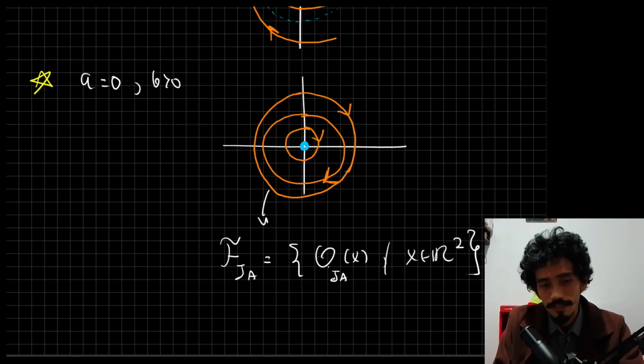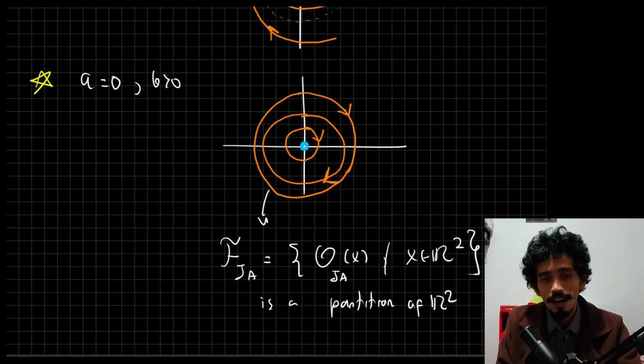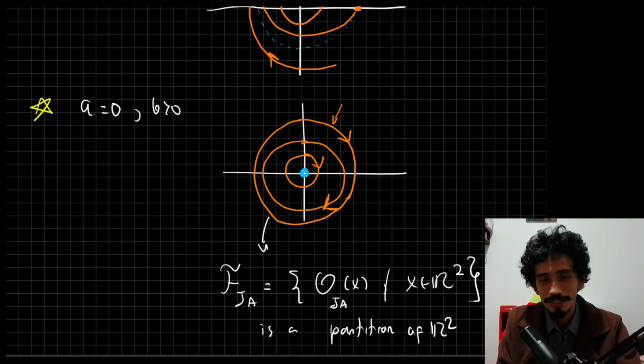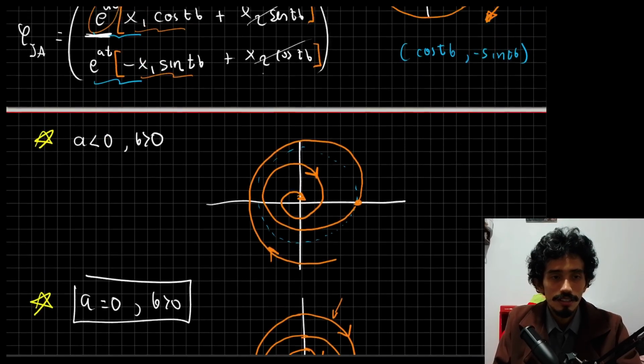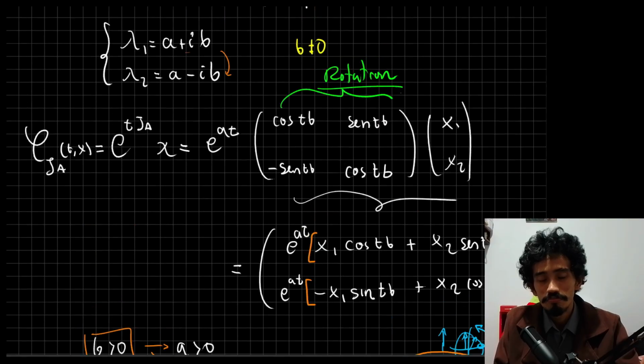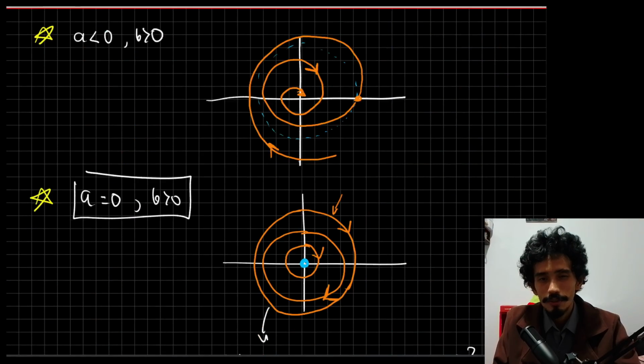The foliation is a partition of R2, and with this Jacobian matrix, with these fluxes, what we are doing is to partition the whole plane into circles. So it is kind of interesting. If you ever need some way to partition the whole plane into circles, then this will be the way to go. The flux of a matrix with complex eigenvalues will be the way to go.